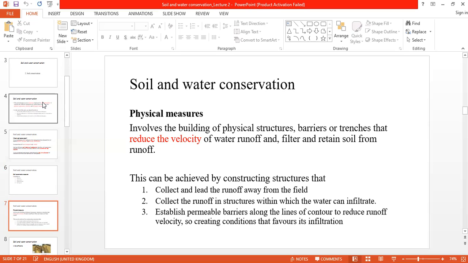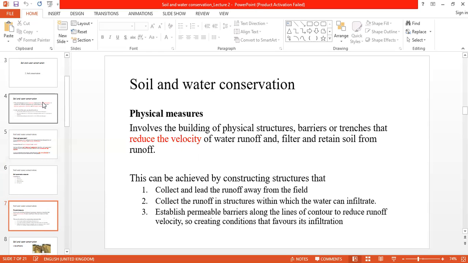So they can be achieved by constructing structures, for example, trenches where water, instead of going down slope, you make a trench and the water goes in there and then it's moved away from the field, or that water infiltrates into the soil and does not run off the field. But also you can just make barriers in the field to block water so that the speed is reduced.